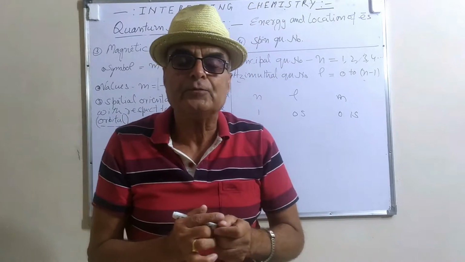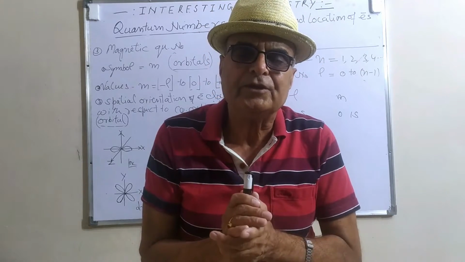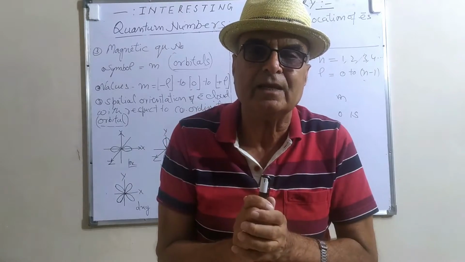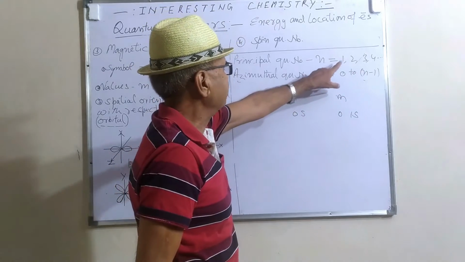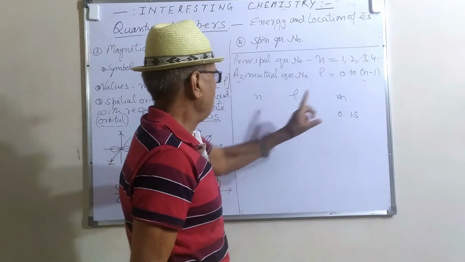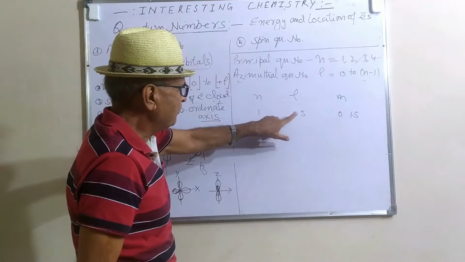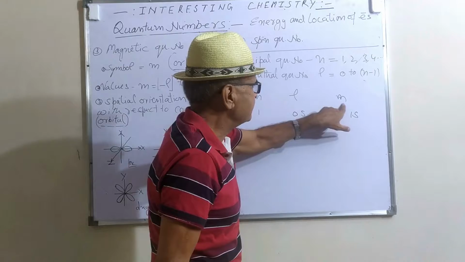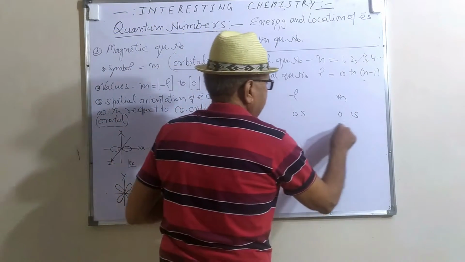If I ask you to find the number of orbitals in the K shell, K shell means the first shell, so the value of K is equal to 1. Then you will find L is 0, and M is 0.